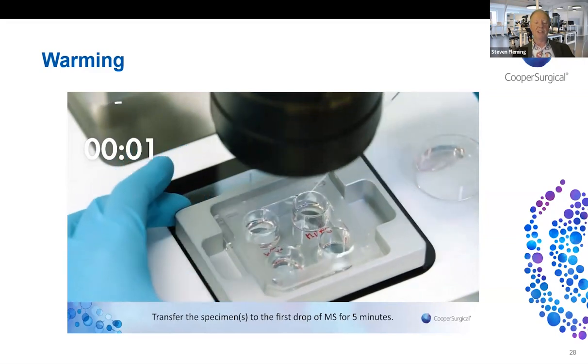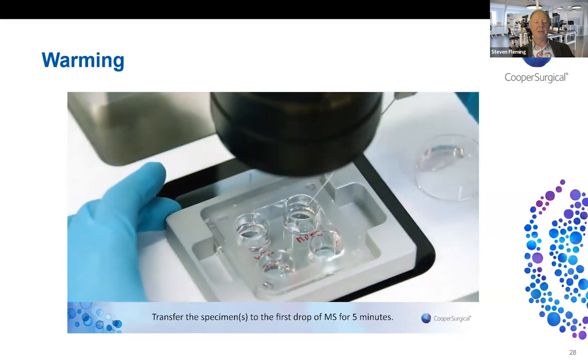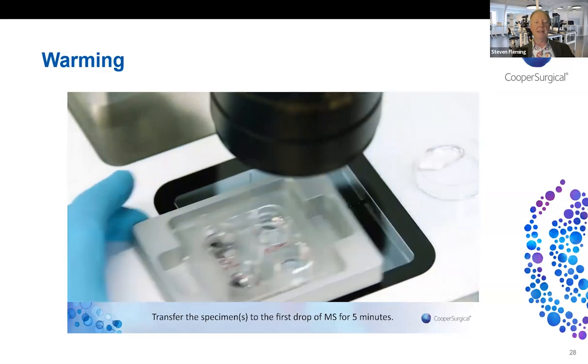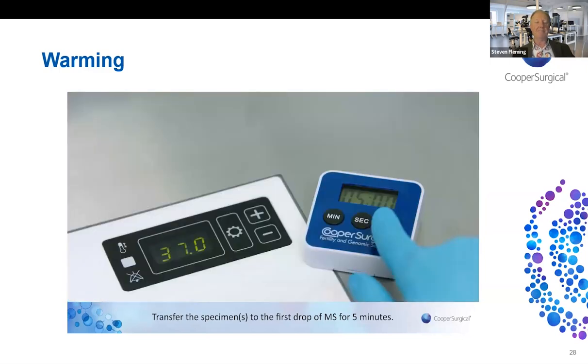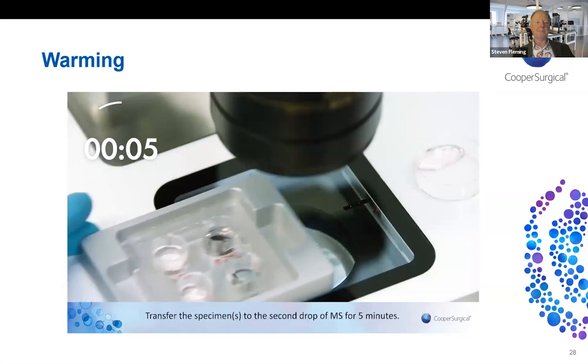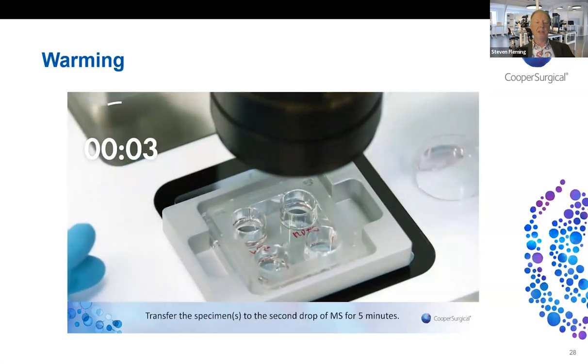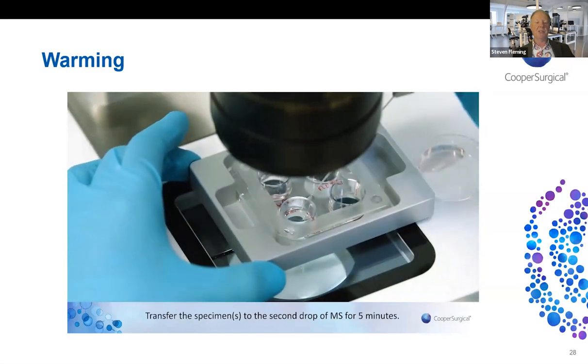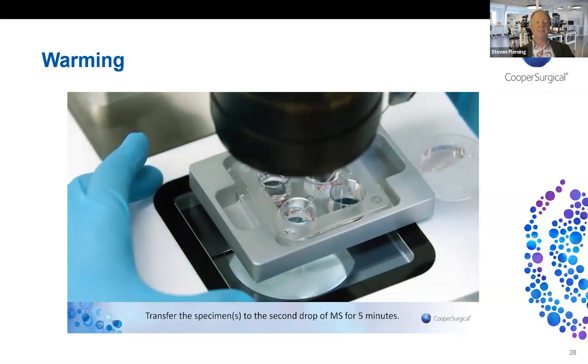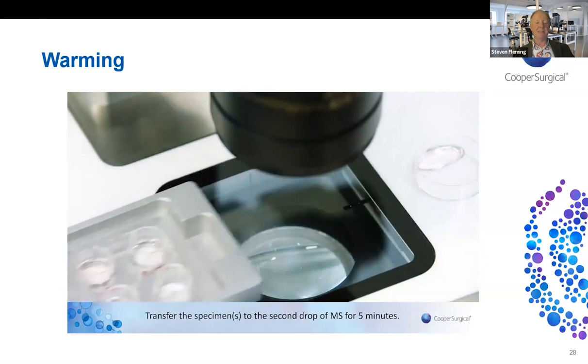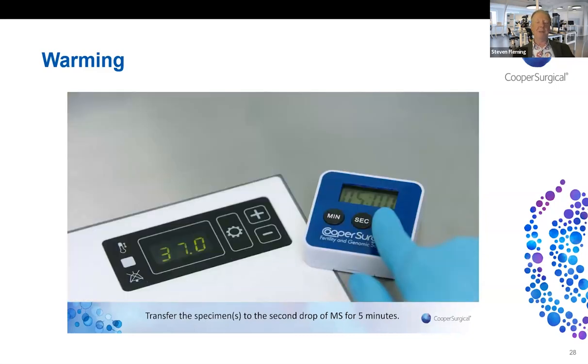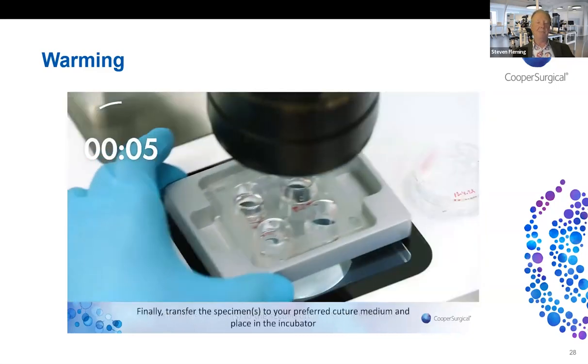And then you can transfer to your first washing solution and leave it in there at 37 degrees for 5 minutes. And then into your second washing solution, your mop solution, leaving for a further 5 minutes at 37 degrees C. Again, putting the lid back on the dish each time.